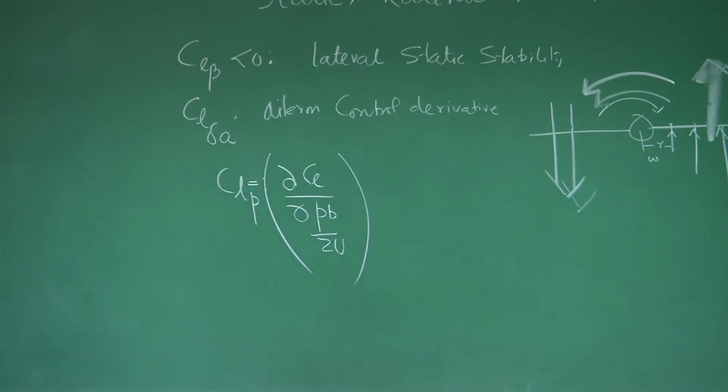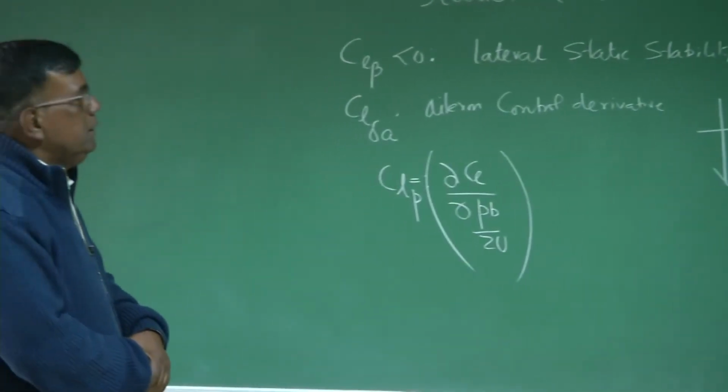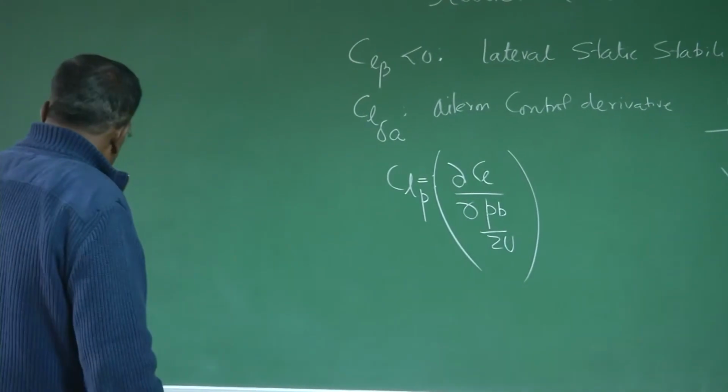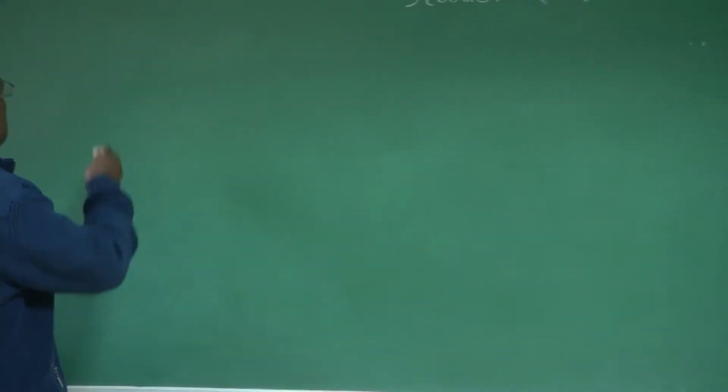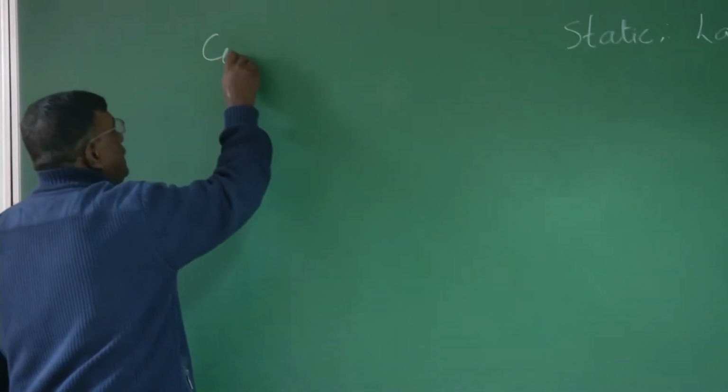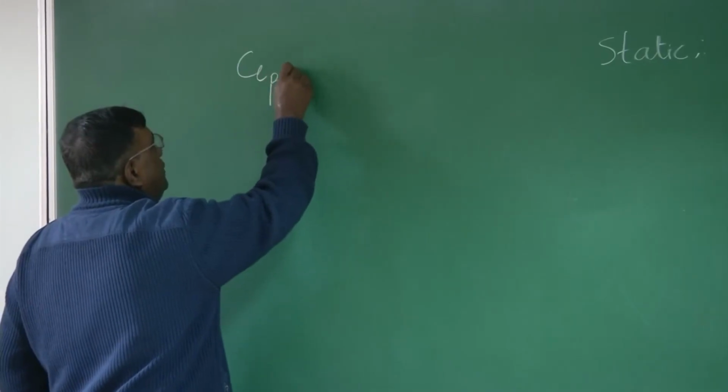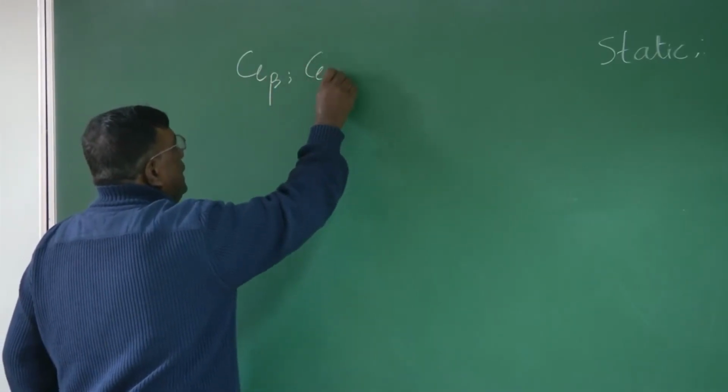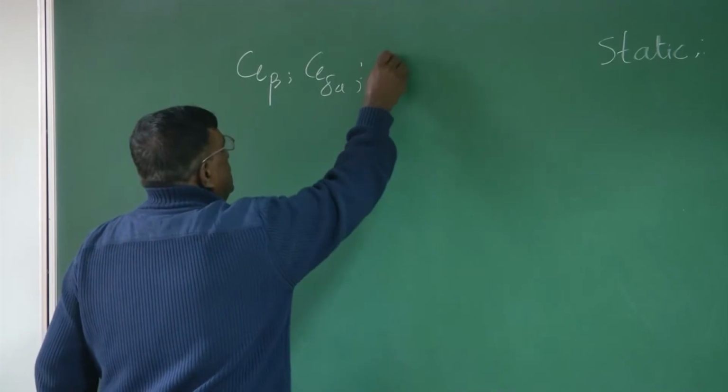Okay. So this is the lateral part. Now, if I come to the directional part, so let me write this. We have identified CL beta, we have identified CL delta A, we have identified CLp.